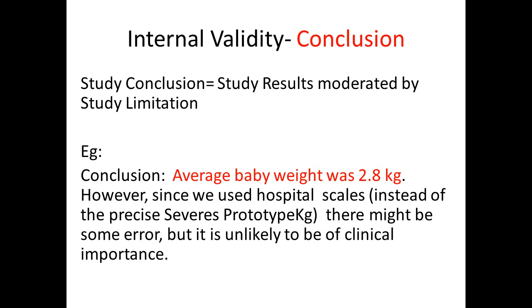But it's unlikely to be of clinical importance. So you can see that the conclusion comes in at least 3 parts. One, it states the results. It tells you the limitations that are built into that result, and it gives you the researcher's opinion whether or not it's likely to be of clinical importance.